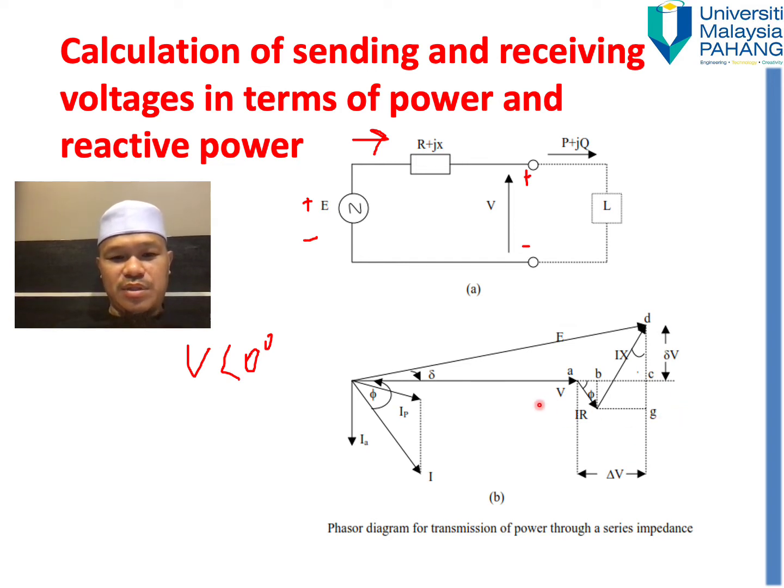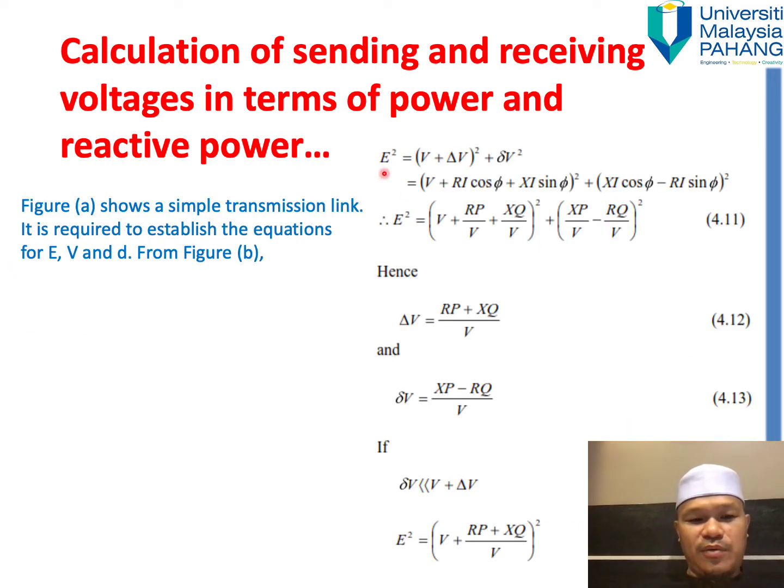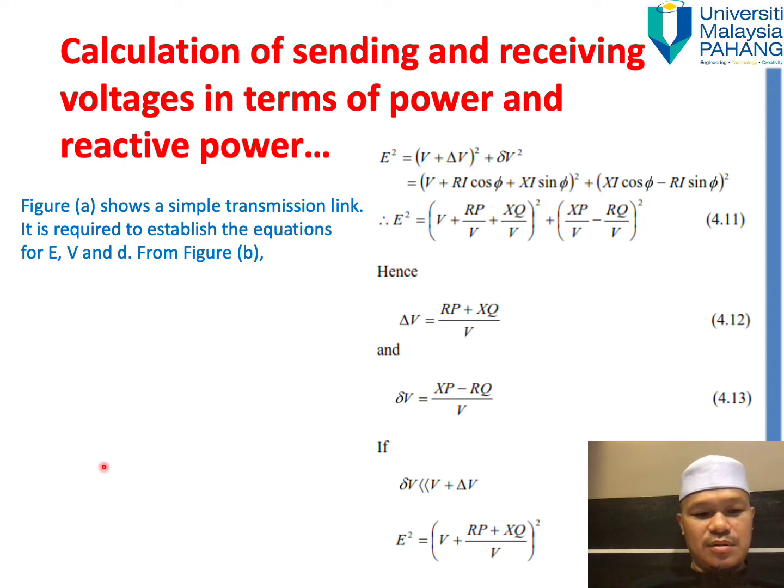So basically we can see how we derive the equations. From the figure just now, we can use the Pythagorean theorem for E squared equals (V plus delta V) squared plus (delta V) squared. Let me look at this.